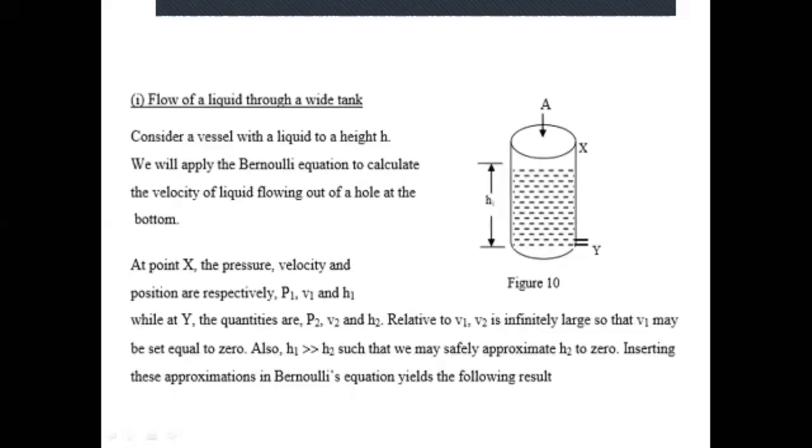Again, here we are saying that H2 on this side is much, much smaller because this opening is very, very close to the bottom. So height 2 can be approximated to 0.